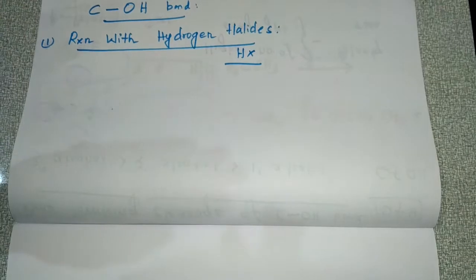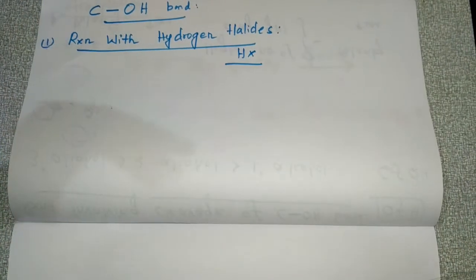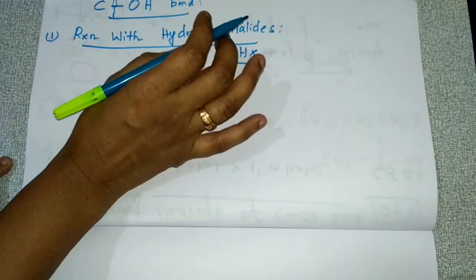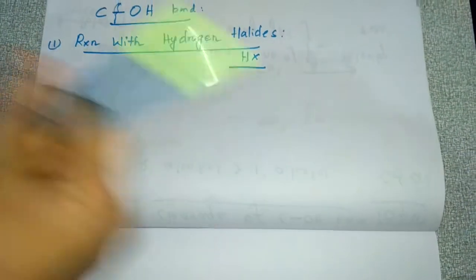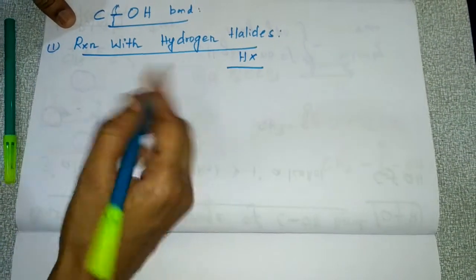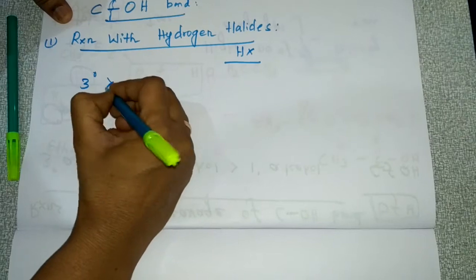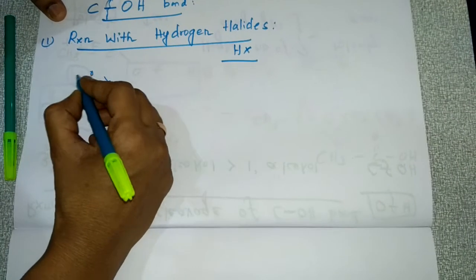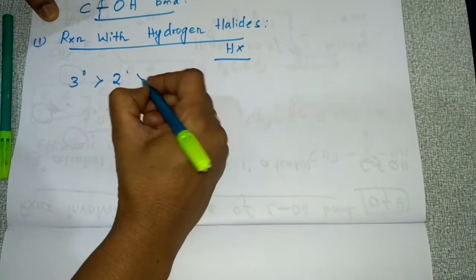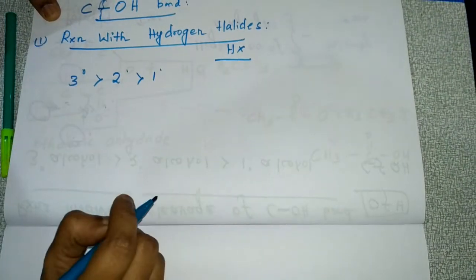Here, please be clear with this: the bond will get cleaved between carbon and oxygen only. Okay, so I'll give you a reaction example. Before that, I'll remind you of the order of reactivity of alcohols: tertiary alcohol is the most reactive, then secondary alcohol, and then primary alcohol.